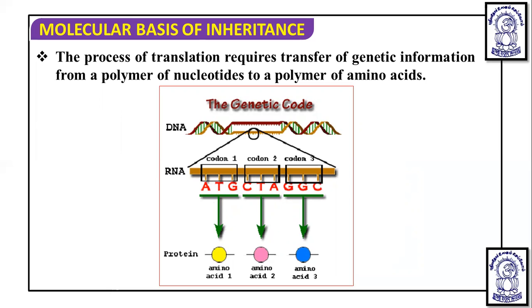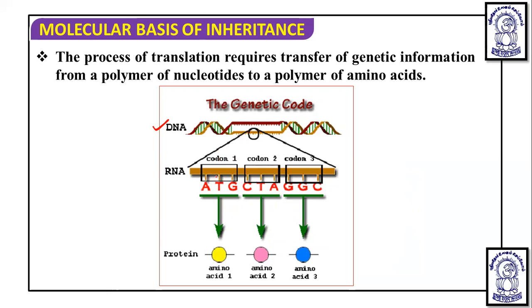So the mRNA sequence containing coded information for one amino acid consists of three nucleotides. Suppose this is the particular segment of DNA from which the mRNA is formed.